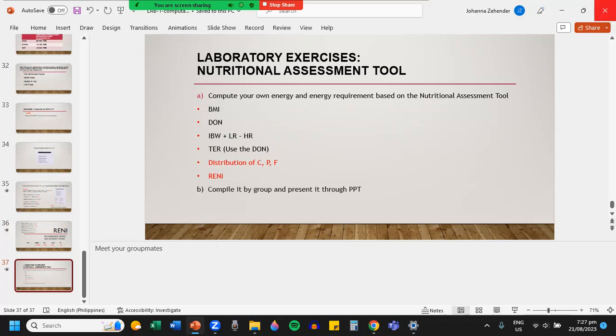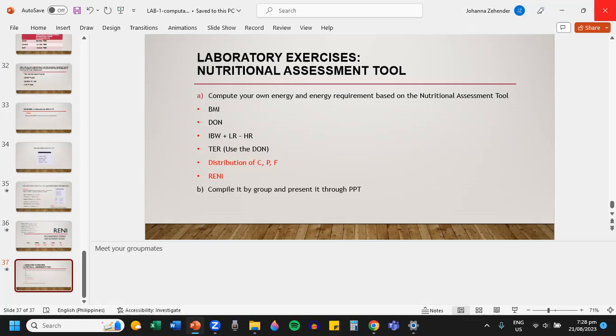Now you have reached the last part of the discussion. I will consider this as individual seat work and also as proof of your attendance for this morning session, for 2E particularly. You are going to compute for your own energy requirement based on the nutritional assessment tool. First, compute for your BMI, followed by your DBW, and then your ideal body weight, plus your low range and high range of your BMI.